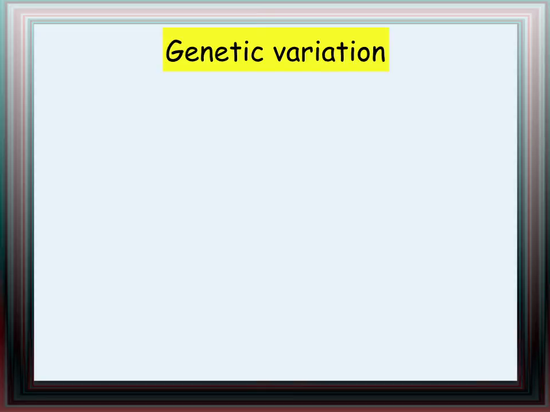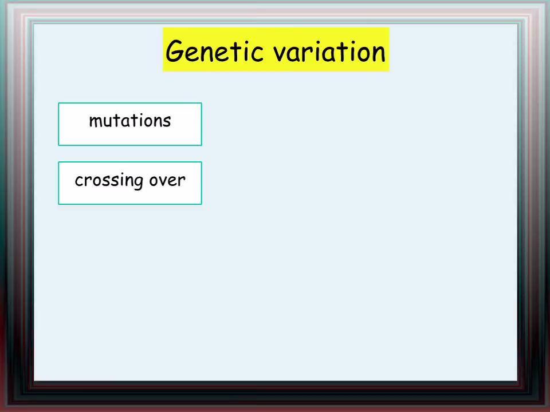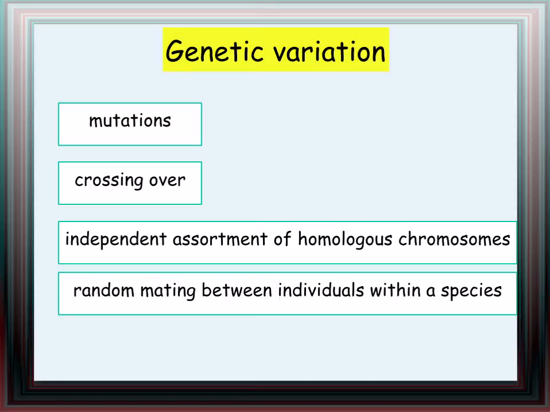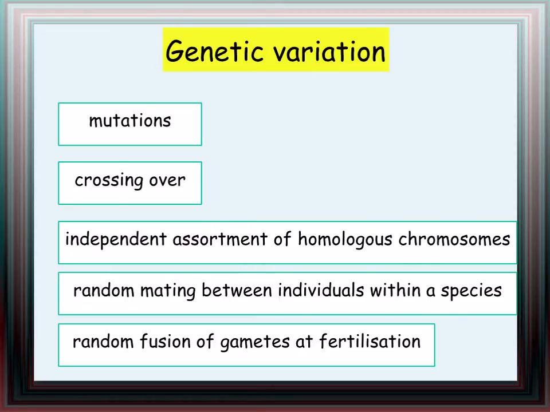This genetic makeup varies from generation to generation as a result of mutations, crossing over, independent assortment of homologous chromosomes, random mating between individuals within a species, and random fusion of gametes at fertilization. So what I want you to do is copy down these points because we're going to expand on them in a moment.